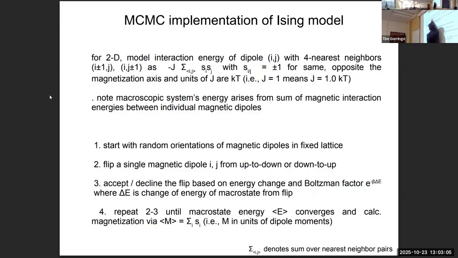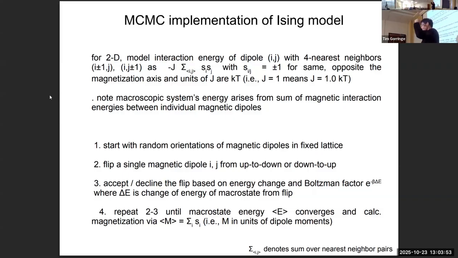So this is an interaction energy. And the minus sign out front just means that if the two atoms or dipoles are aligned with one another, that means Si times Sj is +1, and their interaction energy will be minus J. So that interaction energy is negative, they prefer that, and its size is J. If the two dipoles are opposite one another, then the product of Si, Sj is either +1 times -1 or -1 times +1, so it's going to be -1. That makes the interaction energy plus J, and that's disfavored because of higher energy.